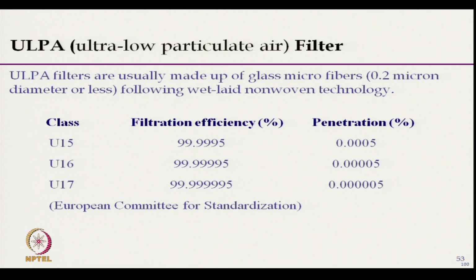Third is the ultra low particulate air filter, where the series starts from U15. U stands for ULPA, ultra low particulate air, just as in HEPA filters the series is denoted with H. So, U15, 16, 17 have filtration efficiency higher than the HEPA filters.